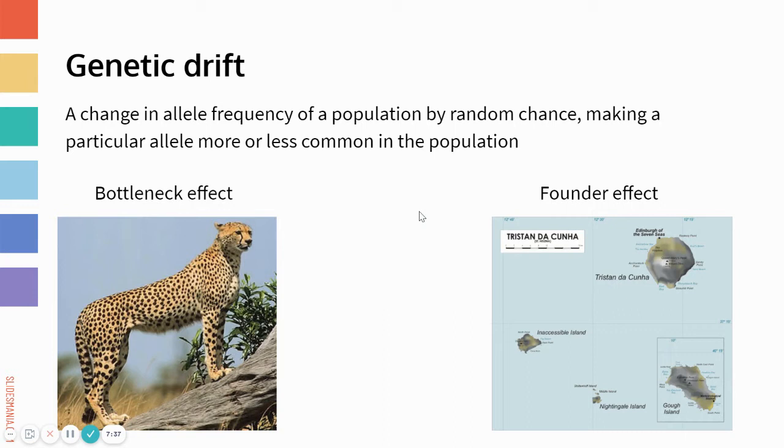that causes visual impairments. It's a degenerative visual impairment, retinitis pigmentosa. So a lot of people on the island have this disease because this British guy came over and he was a carrier for the disease. So genetic drift, just by chance, be it some natural disaster where just some people end up surviving, or some people set out and populate a new area, we're getting overrepresentation of their genes or their alleles.